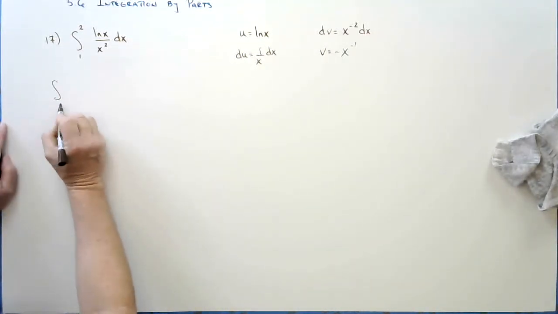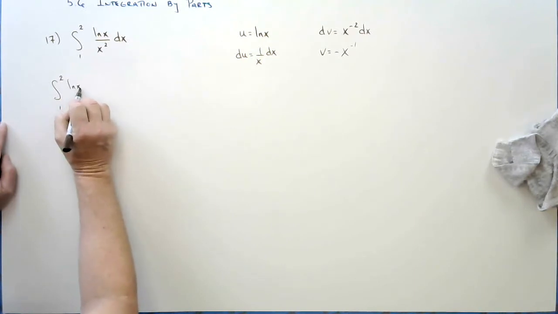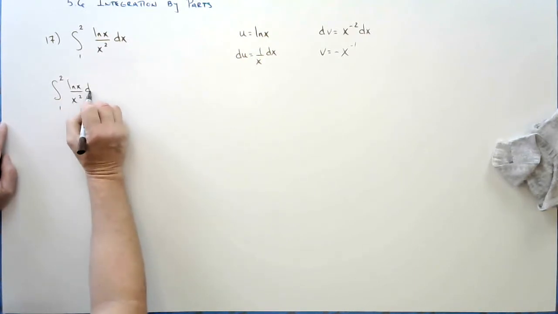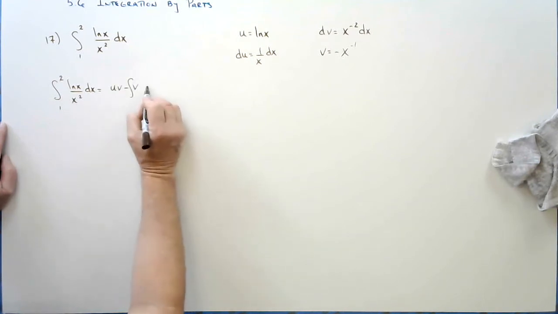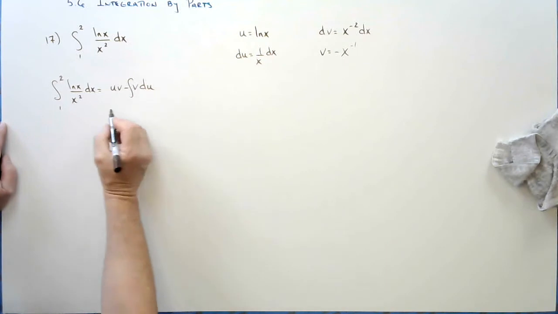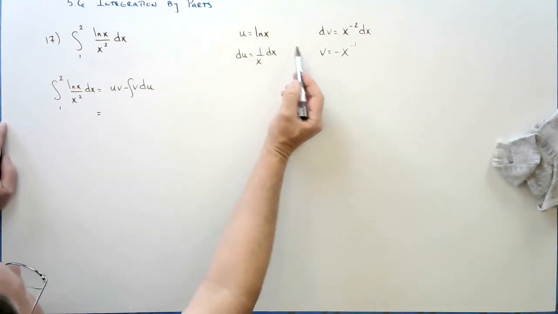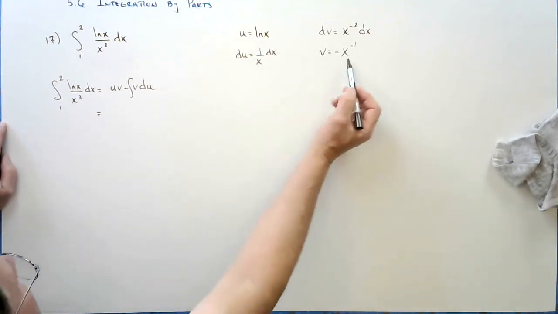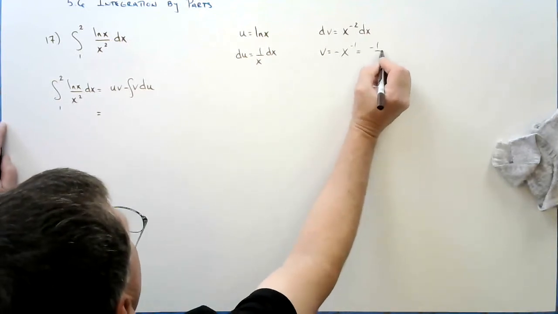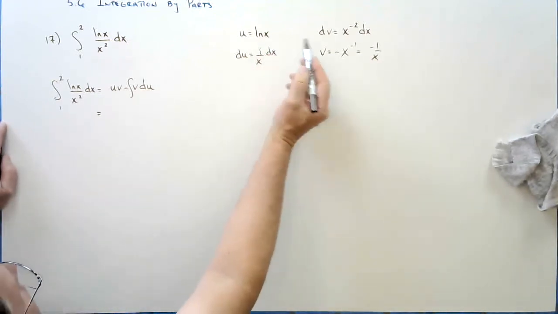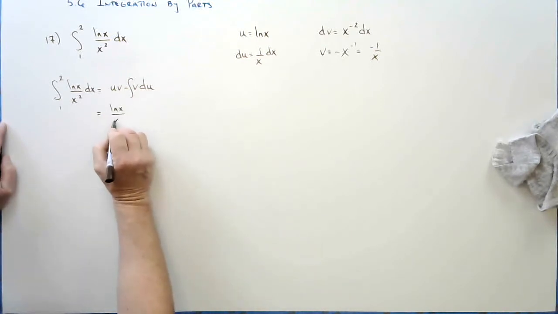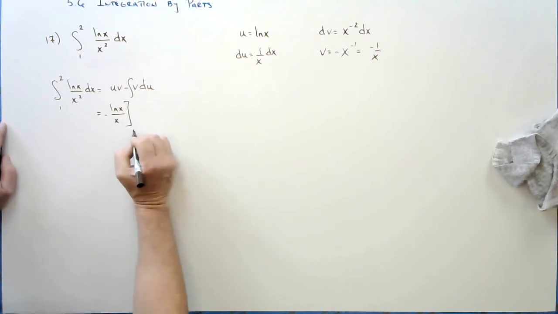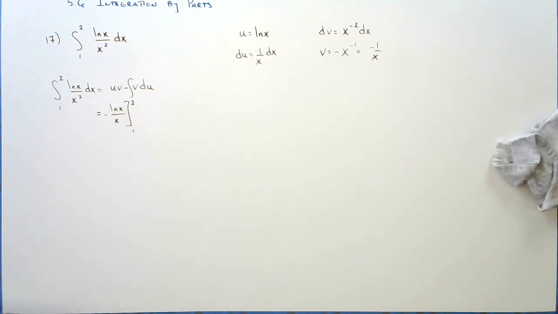Now I rewrite this integral from 1 to 2, the natural log of x over x squared dx. That's going to equal uv minus the integral of v du. U times v is going to be, now this is really minus 1 over x, right? So u times v is going to be ln of x over x with a minus sign, and we're going to evaluate that between 1 and 2.